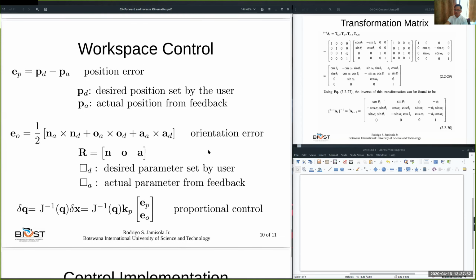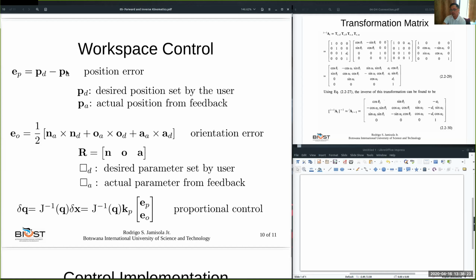So now if we do the workspace control, okay, we know from our previous discussion that we need to have a position error for the planar robot. The position error is the error between a desired position, which is PD, the desired position that's specified by the user, and the actual position that is based on the feedback from the robot.